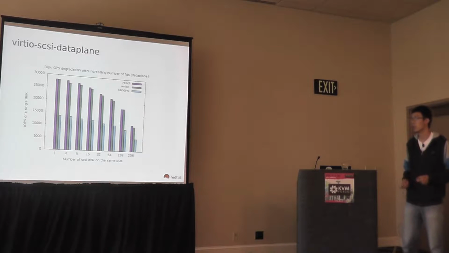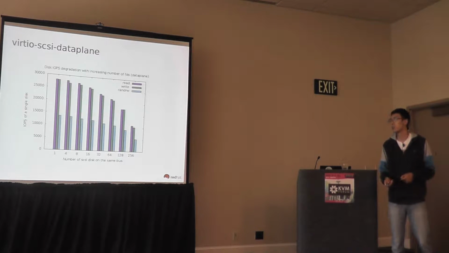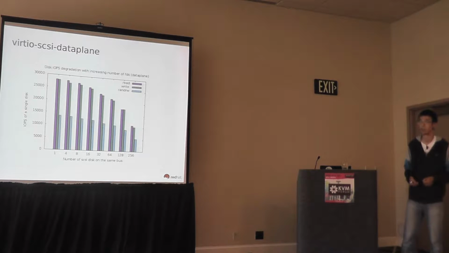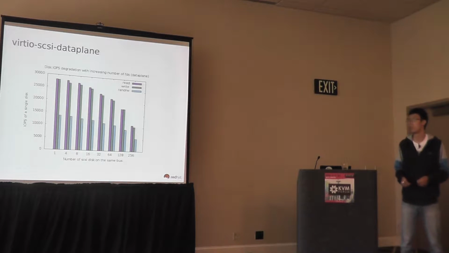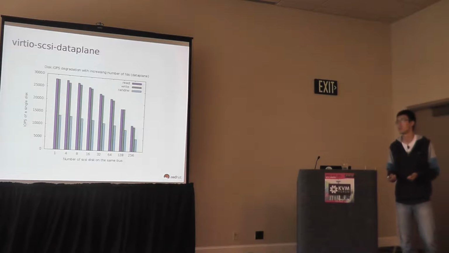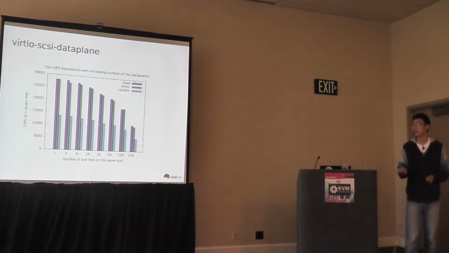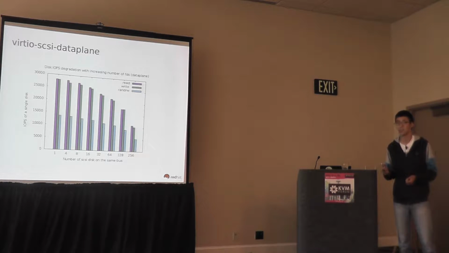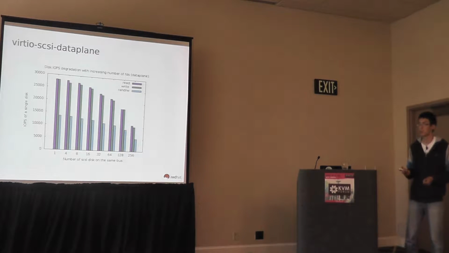That is because even though we can have separate threads, we cannot have infinite ones. We want to limit the number of threads because we don't have so many resources to run all this, especially with virtio-scsi. Virtio-scsi runs as one single device model.